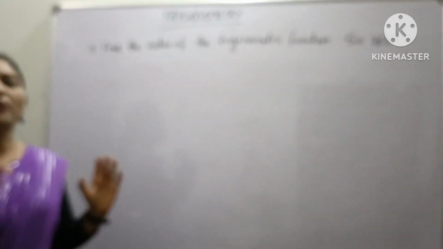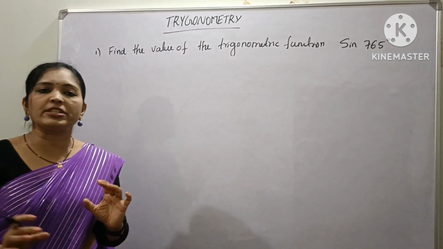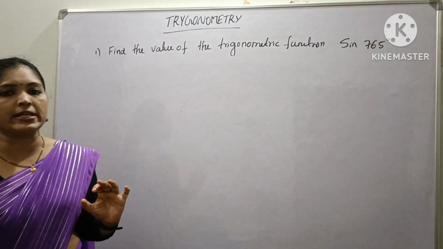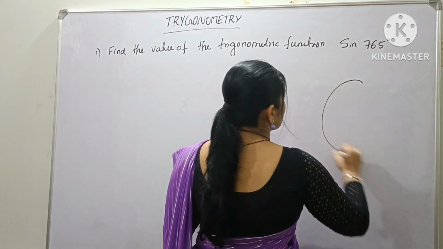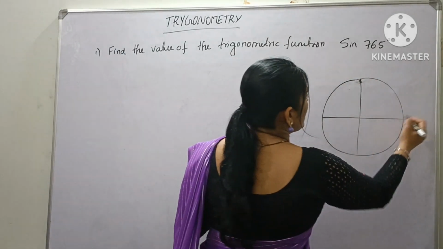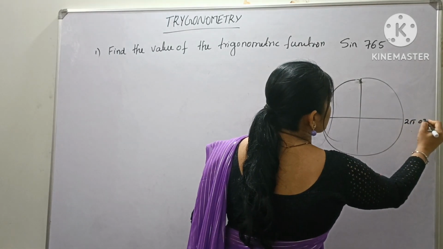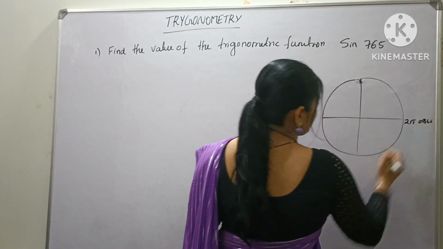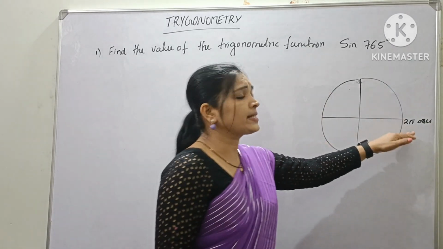Before that, we know that the value of sin x repeats after an interval of 2 pi or 360 degree. In the last class I mentioned, suppose it is a unit circle, it is 2 pi or 360 degree. Here one revolution is 360 degree.